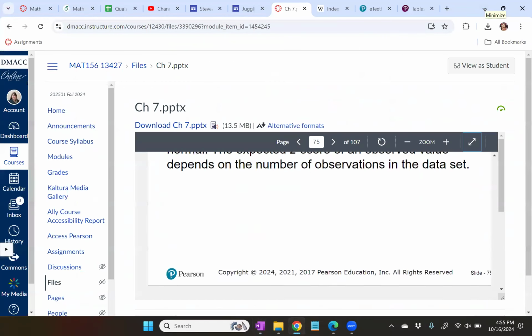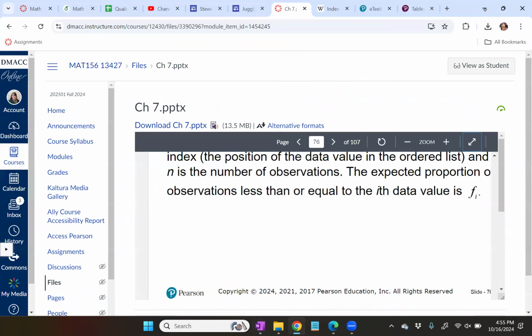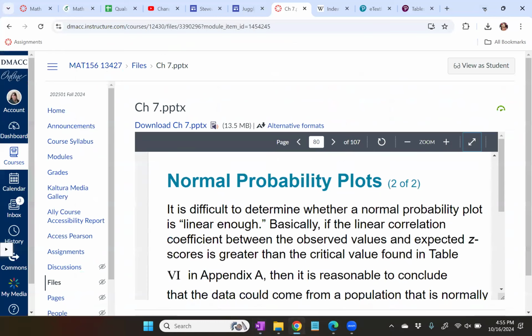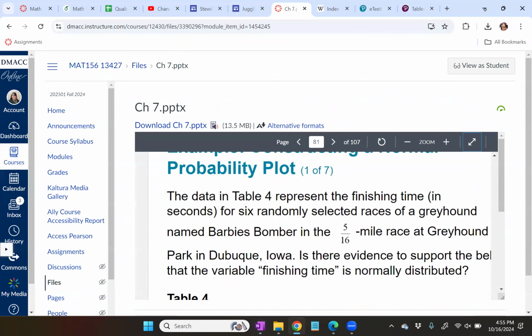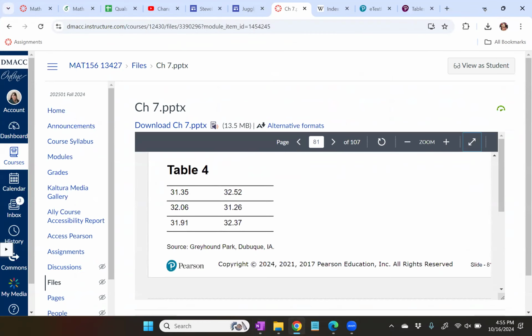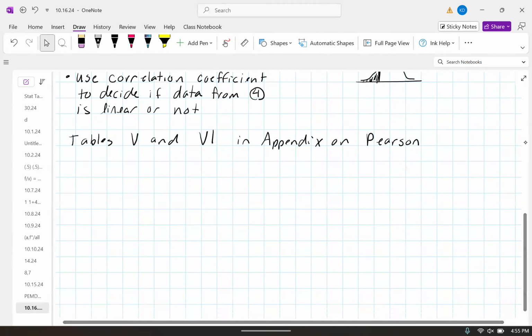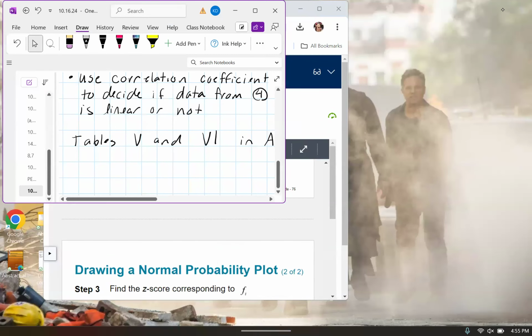My data is on page 81. I should have written my data down. Alas, I did not. This is just a data set from the slides, nothing really special about it.